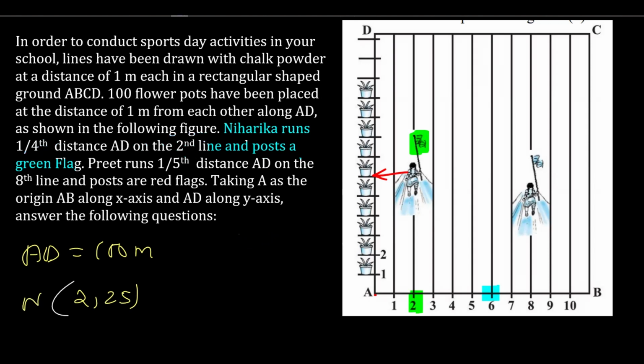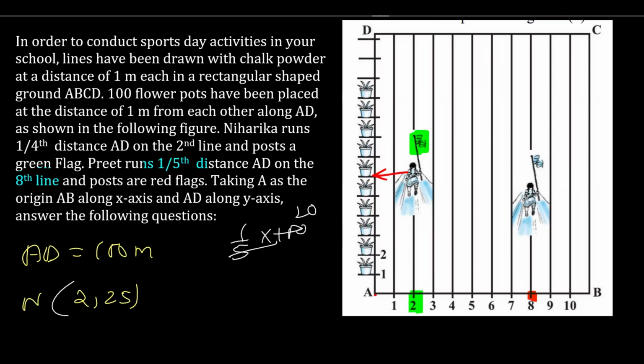Now check for the other part. There's another girl, Preet, and she's running on which line? She's running on the eighth line and she covers 1/5 of the distance. So how much is 1/5 of the total distance, which is 100?